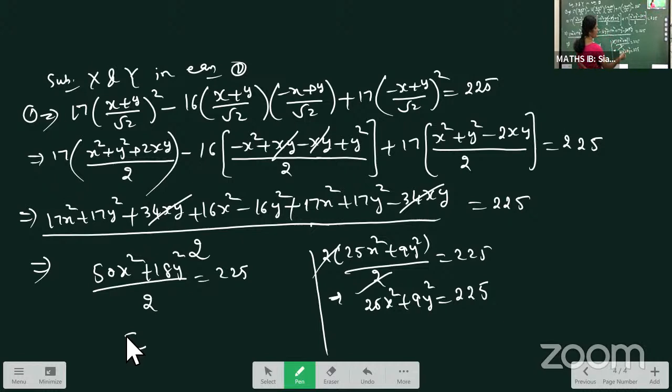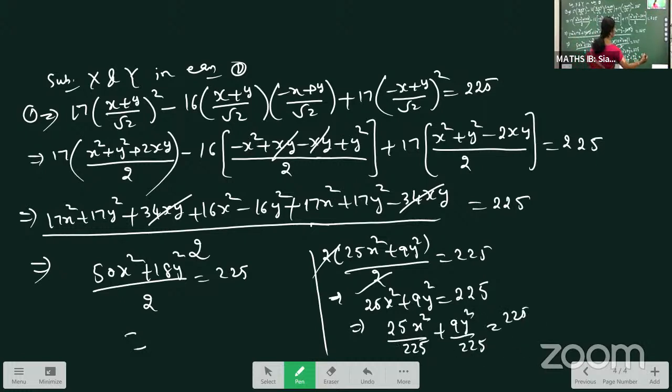Whenever you get such an equation, make the constant 1. 25x square by 225 plus 9y square by 225 is equal to 225 by 225. So 25 ones are 25, 9 ones are 9, 25 nines are 225, and 225 gets cancelled.